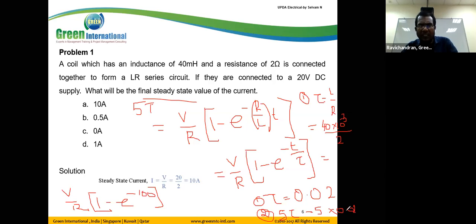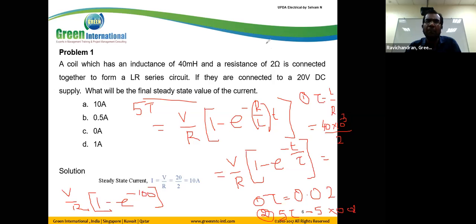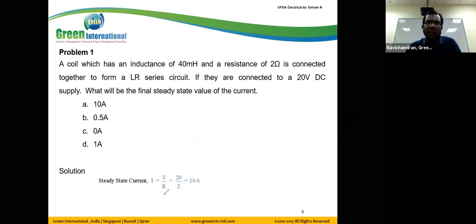Just use the calculator. Using this, e to the power of minus 100 gives 0.000, so almost this value is 0. That's why we have a simple thumb rule: for steady state, I is equal to V by R.